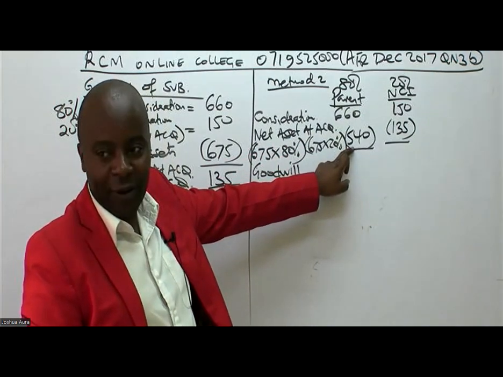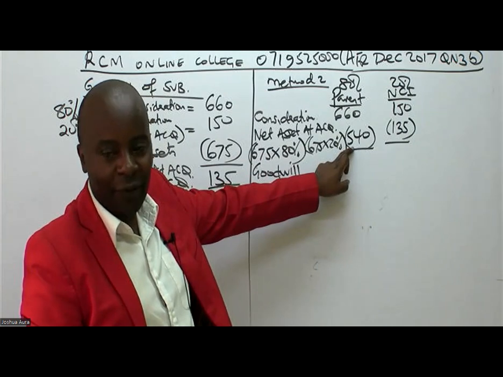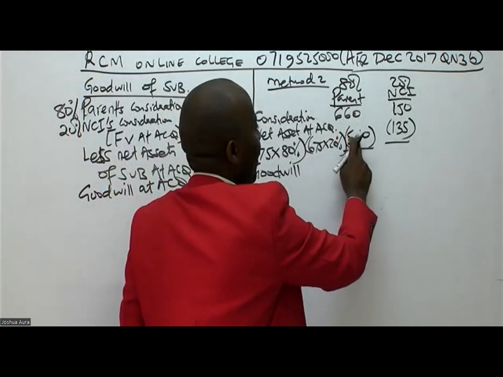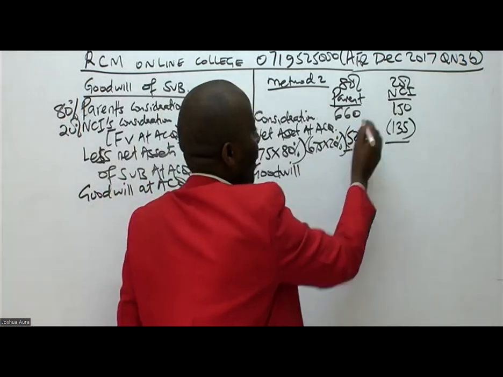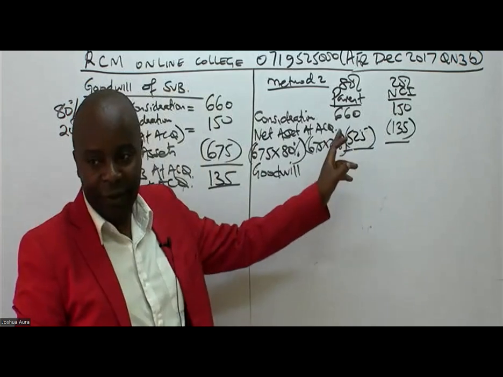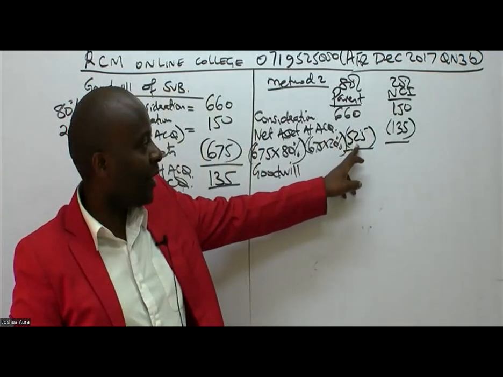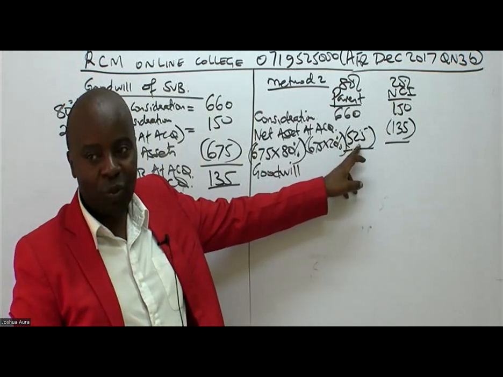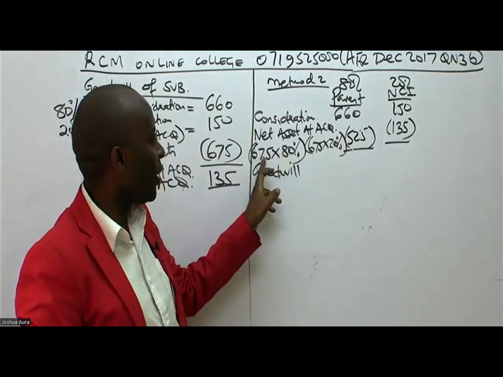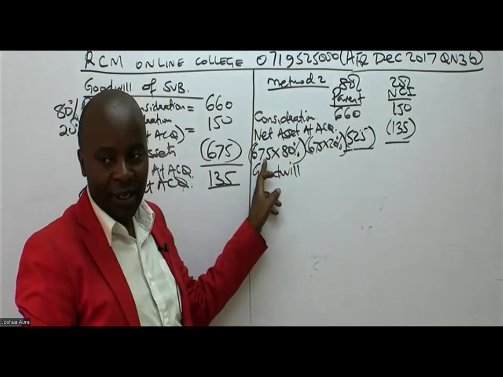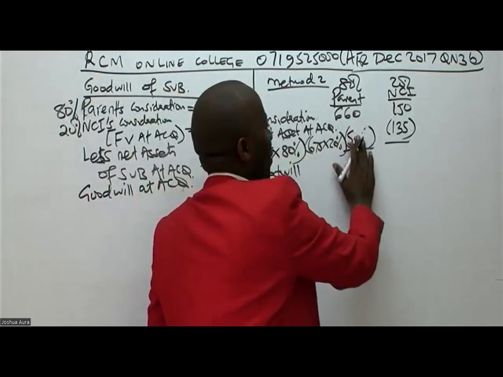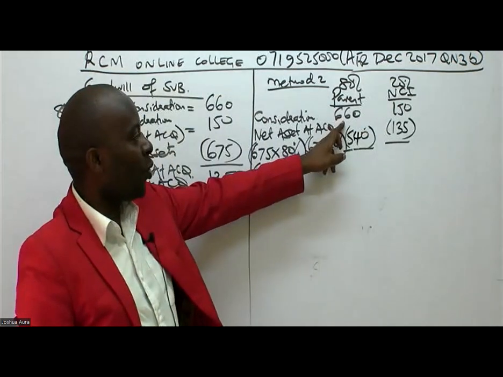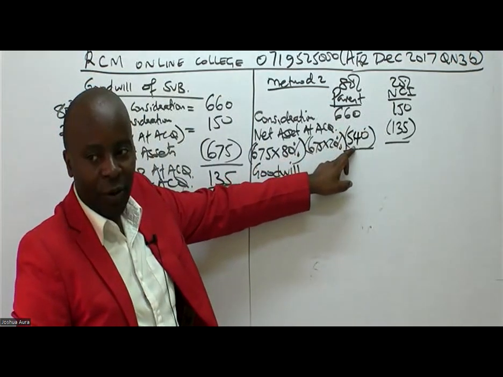Is it 525? This is supposed to be 80% of 675, which is 540, okay? So we take the consideration minus 540, which gives me 120.